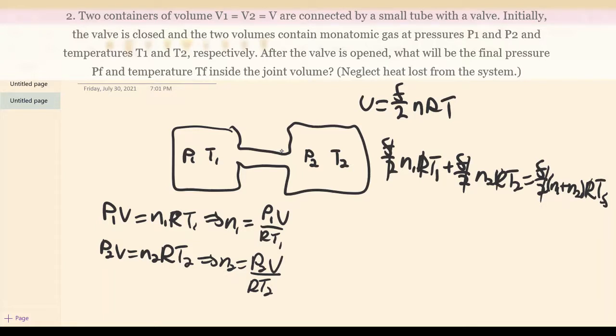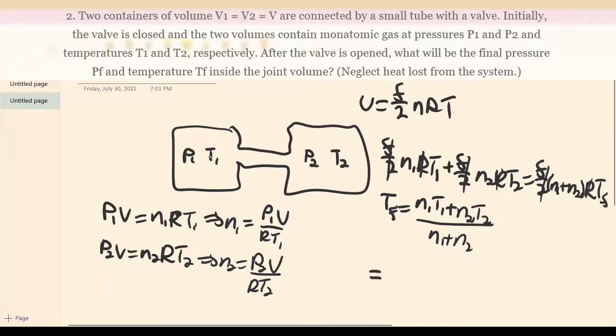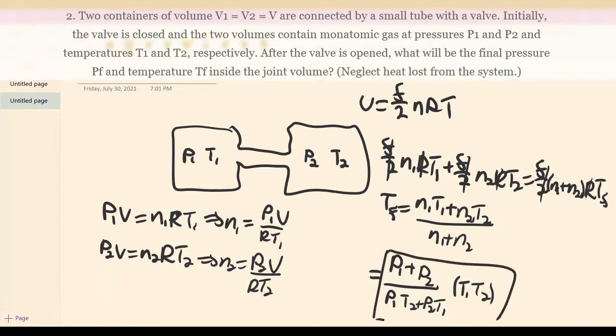And so then we get TF is equal to N1 T1 plus N2 T2 over N1 plus N2. And so then now we can just plug in our expressions for N1 and N2, and this gives us P1 plus P2 over P1 T2 plus P2 T1 times T1 T2 in the end. You can just plug in the expressions to find this.